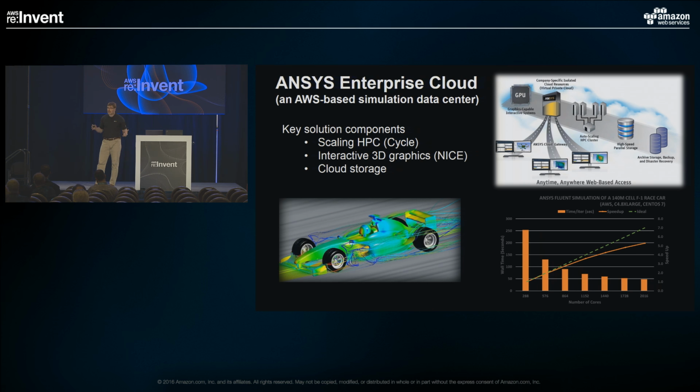You pull up a 3D graphics session and you do post-processing operations like you see in the bottom left, and you're dealing with complex 3D images that you need to be able to manipulate on screen with the data still in the cloud. And that's why we need a good graphics solution. We want an effective way to render the pixels in the cloud and stream those pixels to the end user.